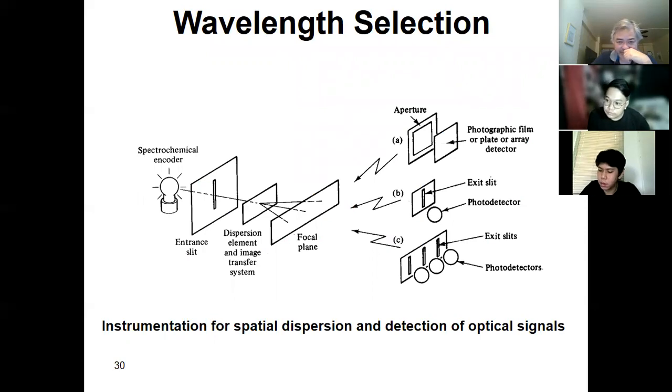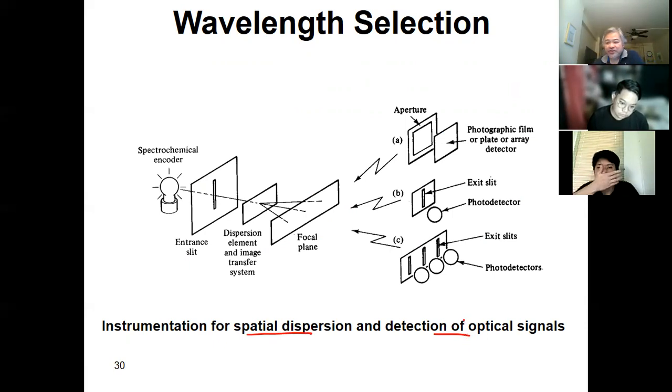If we look at this spectrochemical method, this is how the instrument usually looks. You will always find some sort of selector that will narrow down any broadband sources of light that you have. This is the instrumentation for spatial dispersion and detection of optical signal.